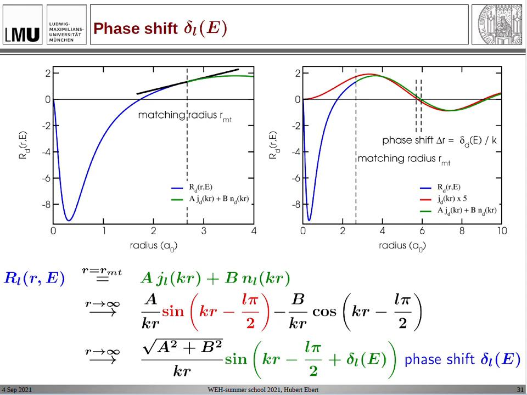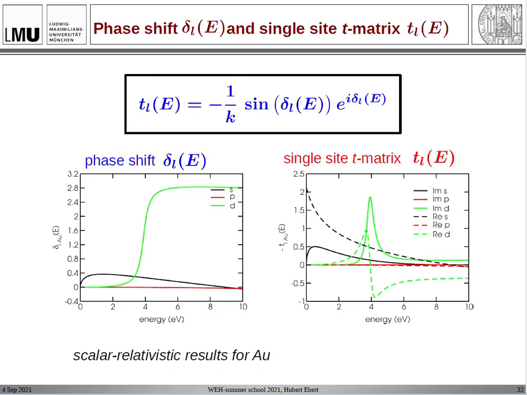And outside, because of the specific asymptotic behavior of the spherical Bessel functions and the Neumann functions in terms of sine and cosine, you can immediately see that the properly augmented solution is given by the same asymptotic behavior, but shifted by what is called the phase shift delta_L. And that phase shift is another way to decode the T matrix.